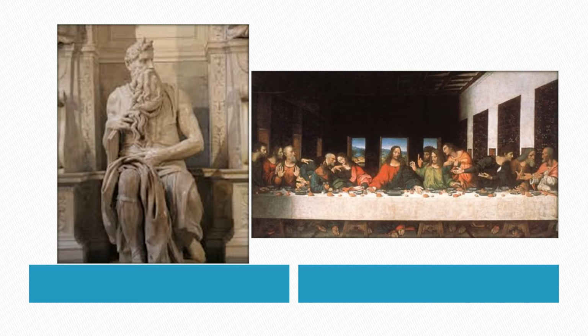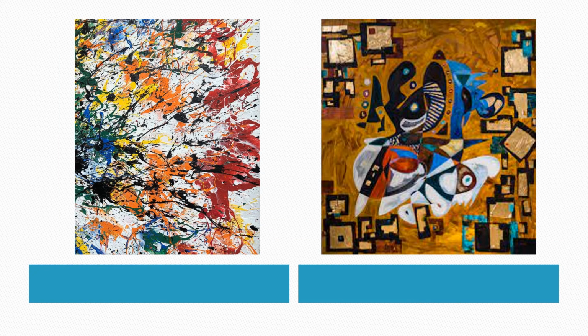These are examples of artwork during the Renaissance: the sculpture of Zeus, created by Michelangelo, and the Last Supper, created by Leonardo da Vinci. Modern art period is characterized with the invention and creation of different art styles and expression. Here are two examples of modern art: abstract and cubism.